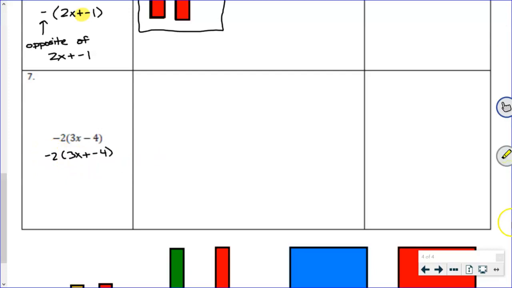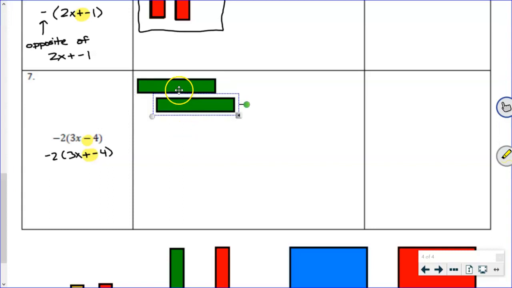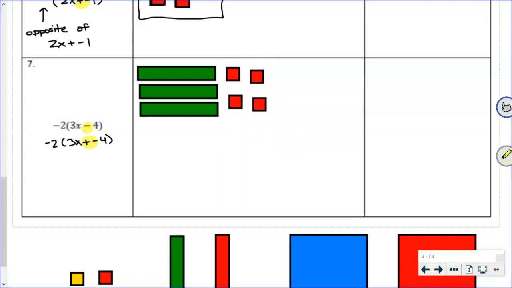So 3x and then 4 negative tiles. Okay, I got mine. Hopefully you guys are not too far behind on getting yours modeled.